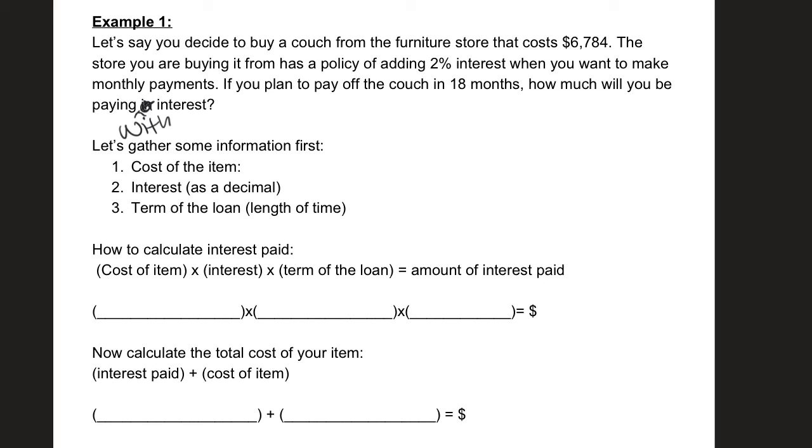What is the cost of the couch? It costs $6,784. Okay, the interest is 2%, but it wants it as a decimal. So we're going to take 2 divided by 100 and get 0.02.